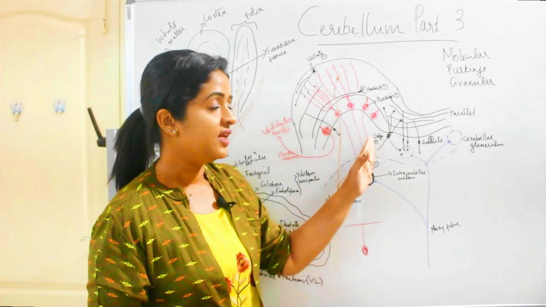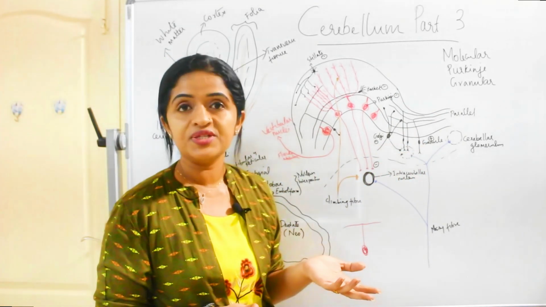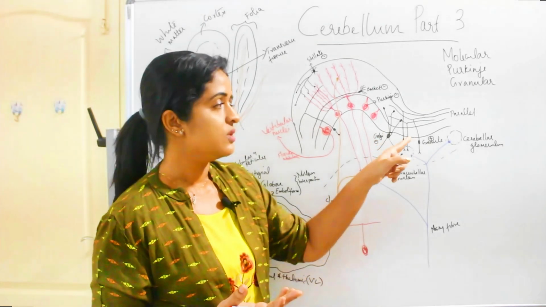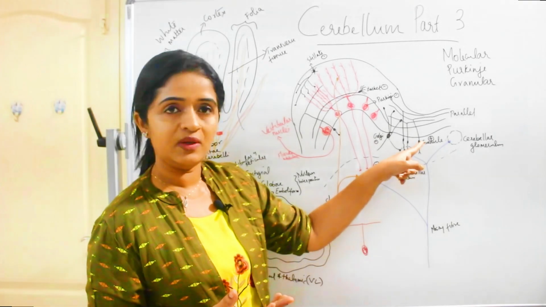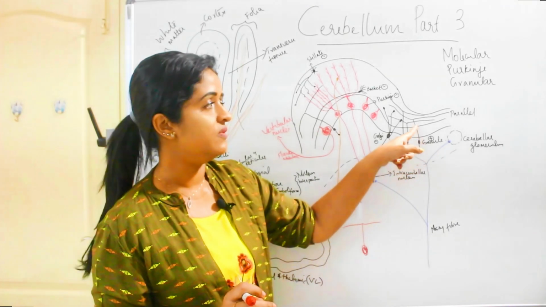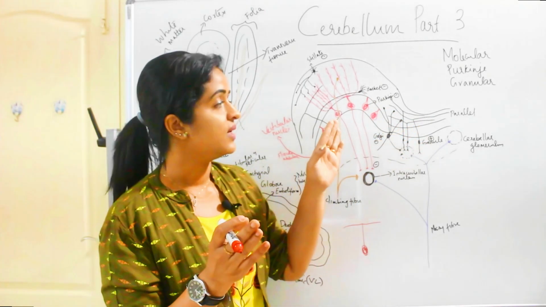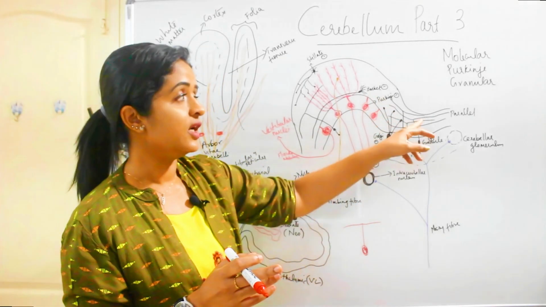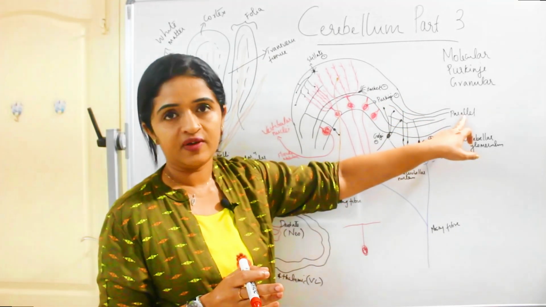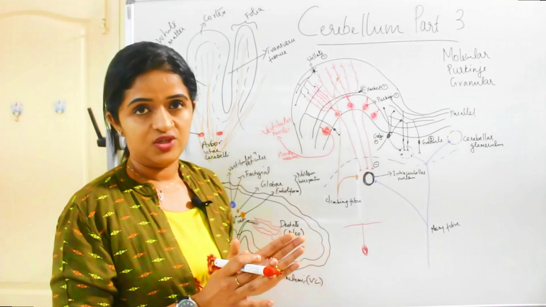Now coming to the third layer, the granular layer, there you will get many granule cells, and along with that you will get large Golgi cells as well. For the granule cells, the cell bodies lie in the granular layer. The axons from the granule cells go up and branch as a T in the molecular layer, and these T-shaped fibers arising from the granule cell are known as parallel fibers, and they synapse with the dendritic process of the Purkinje cell.